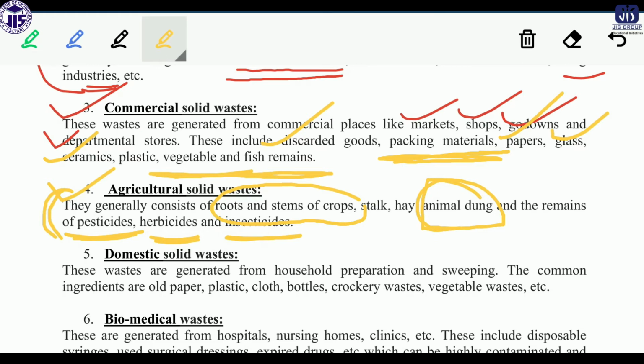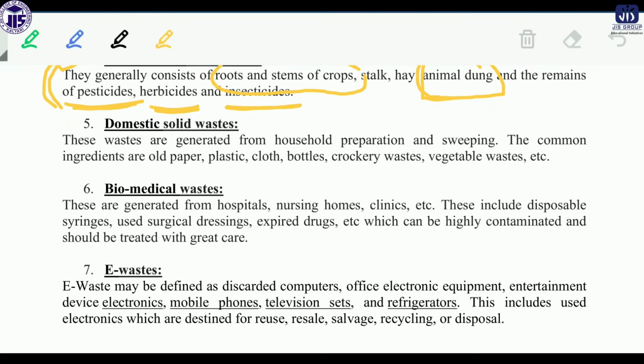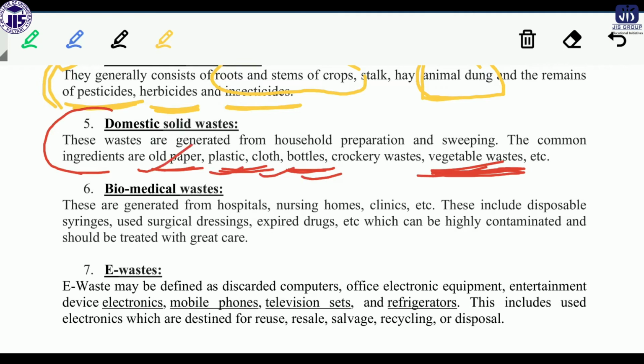Now come to the question: what is domestic solid waste? All of us know what is produced from our house each and every day. These are all domestic solid waste. So domestic solid waste may be old paper, plastic, cloths, bottles, vegetable waste. The common type of domestic solid waste in each and every house is vegetable waste. It is produced from everyone's house every day. Cloths and bottles are also available, and old paper and plastic too.